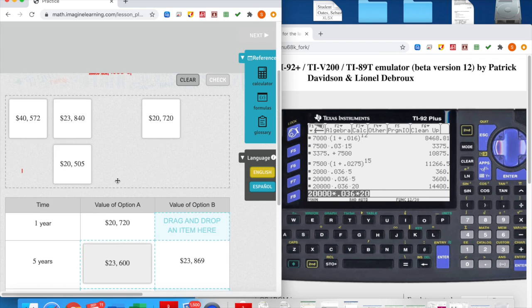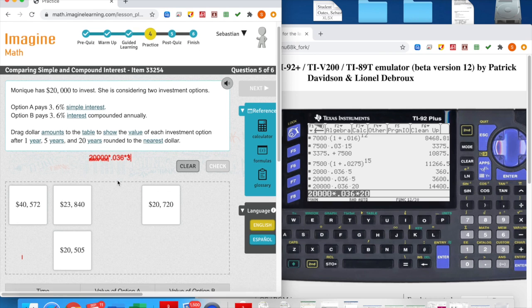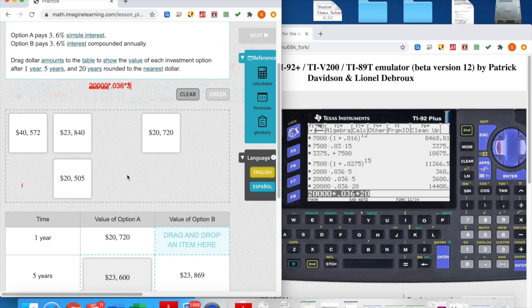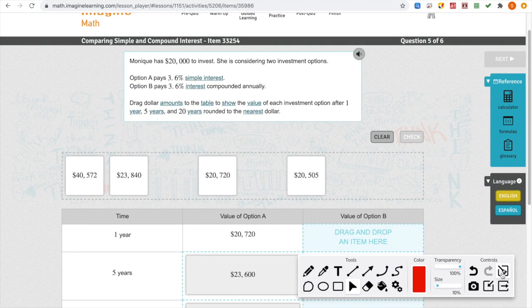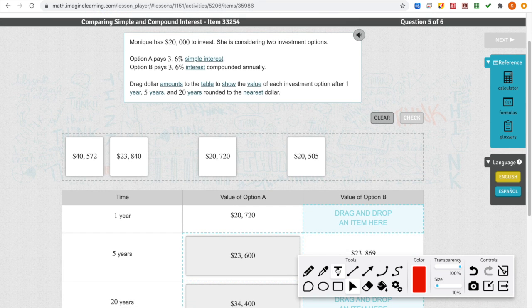Now I'm going to do the same thing with option B, but now I'm doing compound interest. So I'm going to have my principal, which is going to be 20,000 times 1 plus 0.036 with an exponent of 5, and then I'm going to do it again with an exponent of 20.